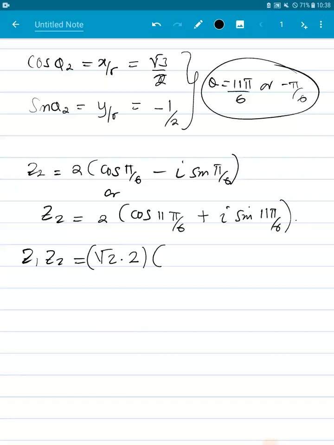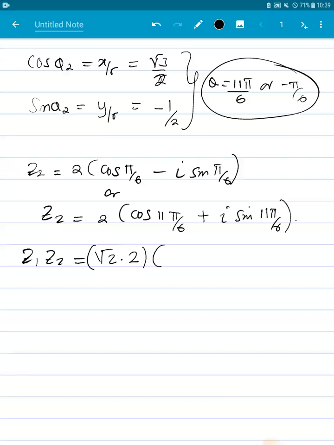So we have the first one there, it was pi over 4, and the second one here, it's just pi over 6. But we know that from the word go, there was a negative part.